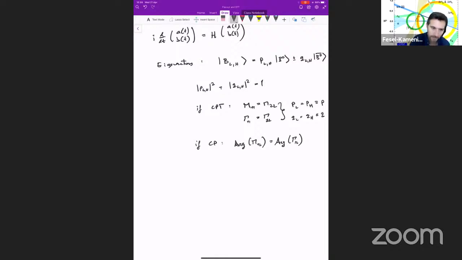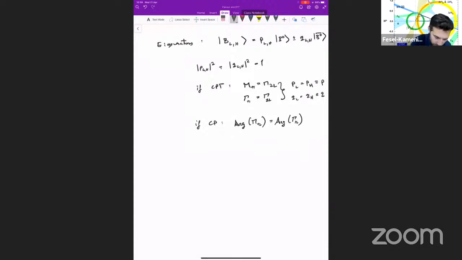This is the representation invariant statement, that these phases are equal. They might not be 0. And so from this constraint of CP conservation, one can derive that in the limit of CP conservation, the modulus of Q over P needs to be 1. Okay, so one way of testing the presence of CP violation is to test whether Q over P deviates from 1. This is one simple test of CP violation.